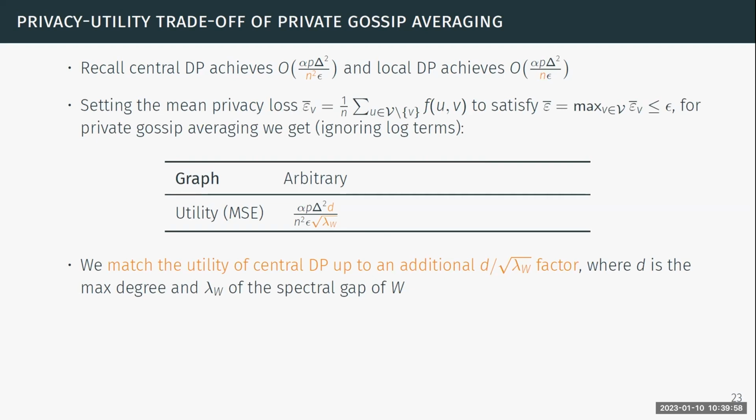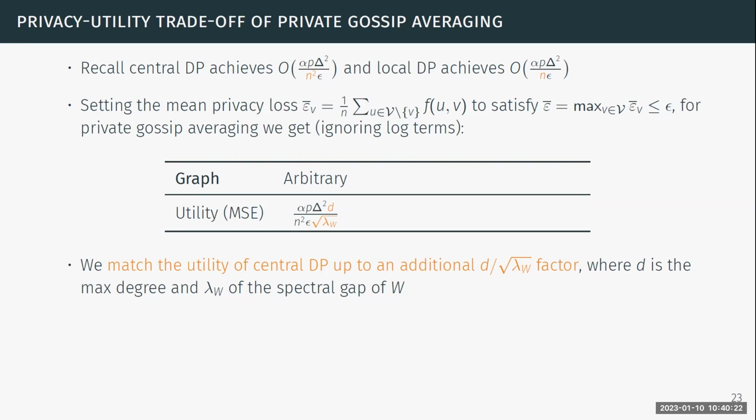The way that we found is to look at the mean privacy loss. This is how much a user v learns on average about all other users u. And then I constrained this loss to be uniformly bounded by epsilon for all nodes. This is the one way we found to compare with these results. And if we do that, this is what we get.